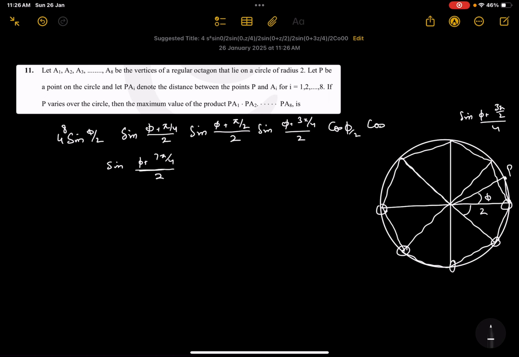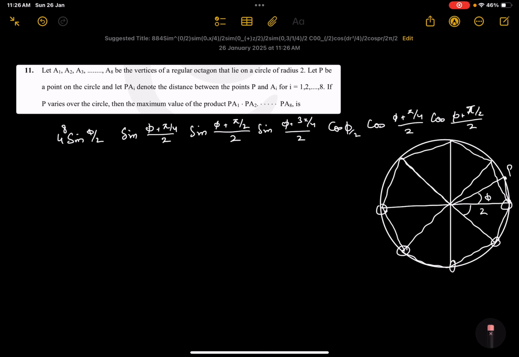This becomes cos (phi plus pi by 4) by 2. This becomes cos (phi plus 3 pi by 2) by 2. And this becomes cos (phi plus 3 pi by 4) by 2.